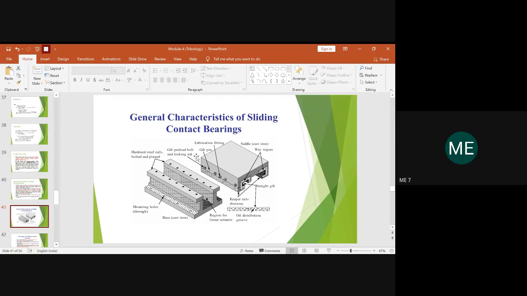These are the main important parts in a sliding contact bearing. When you have clamped this upper part on it, it can smoothly slide one above the other. So these are a few general characteristics and information related to the basic concepts of our sliding contact bearing.